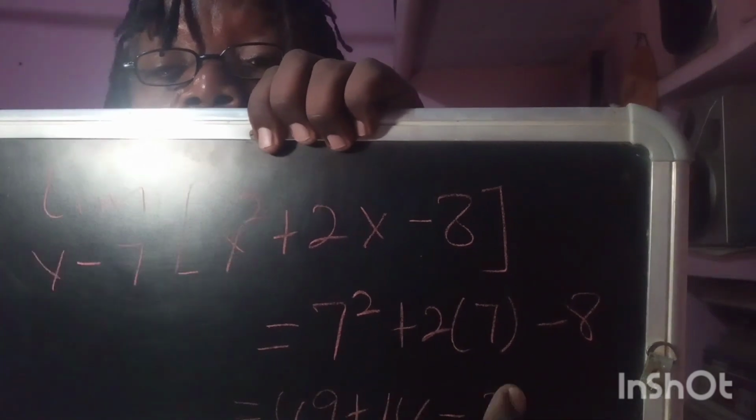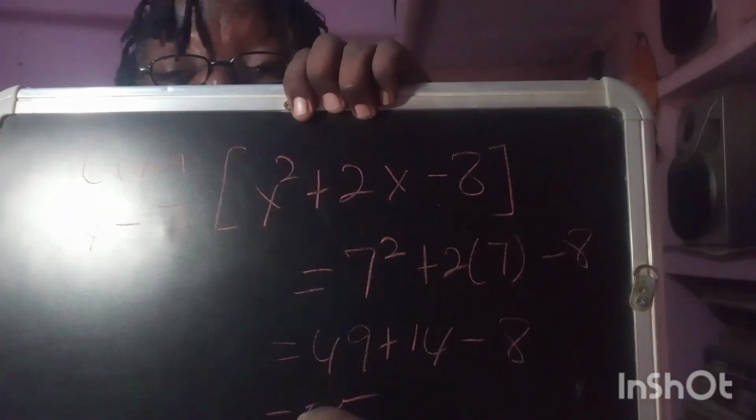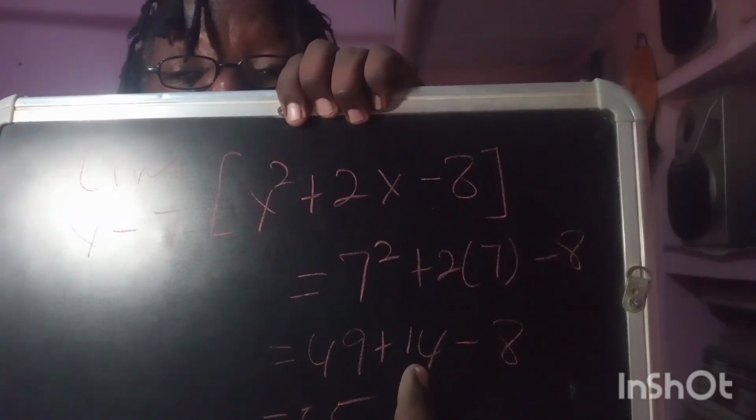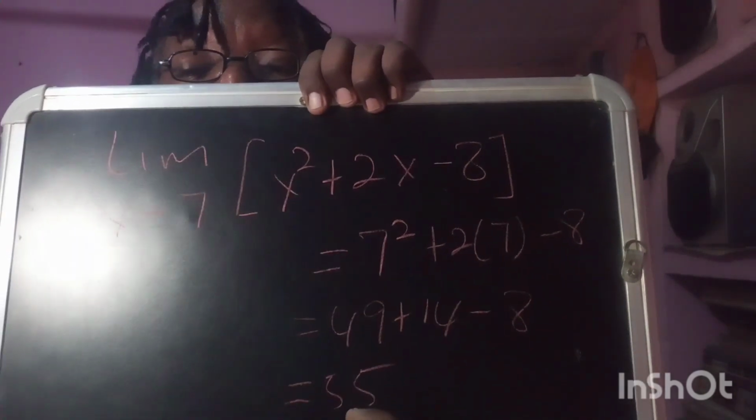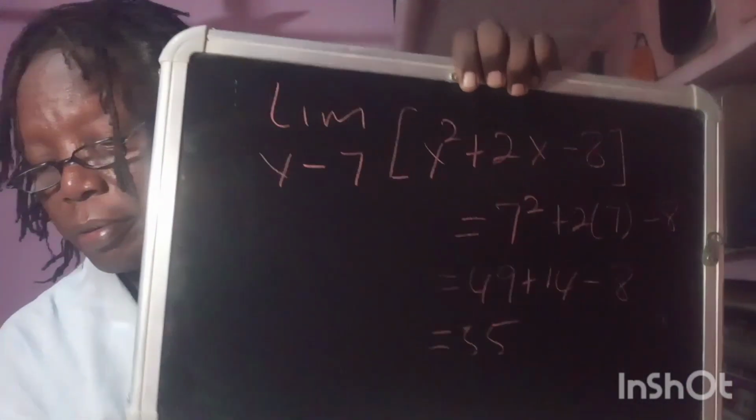This is direct, we plug it in directly. And then we do that, here we get 49 plus 14 minus 8. And that will give you the solution.